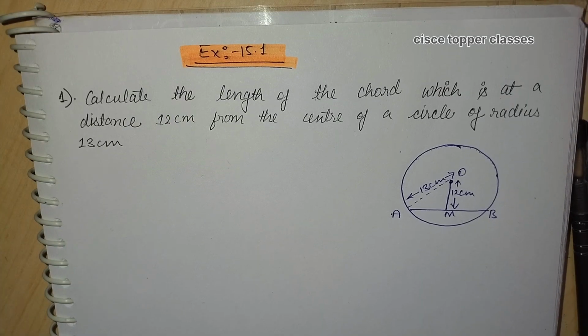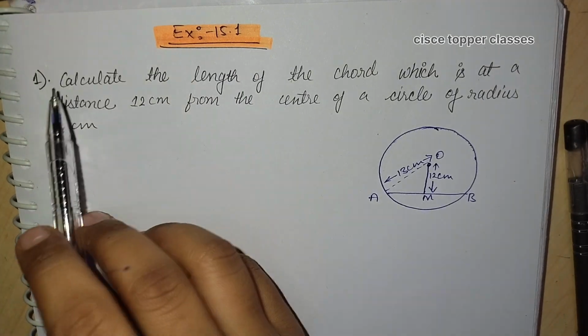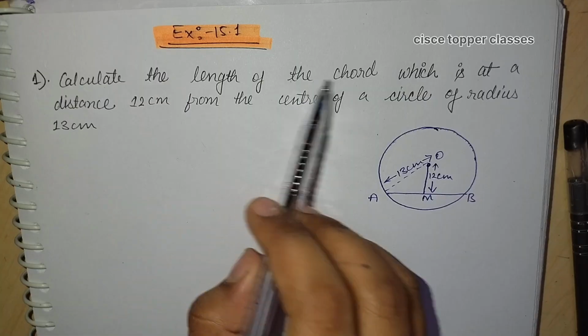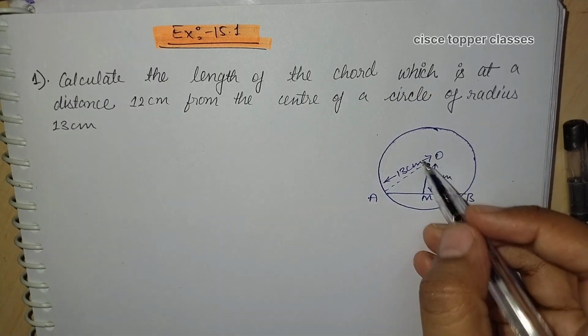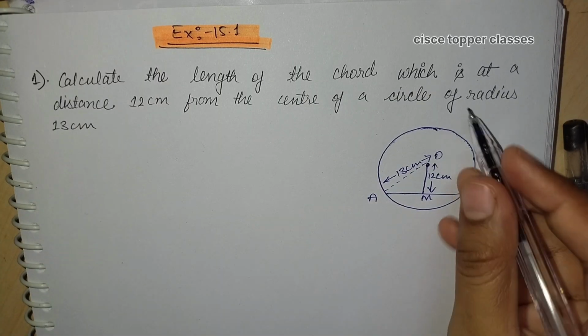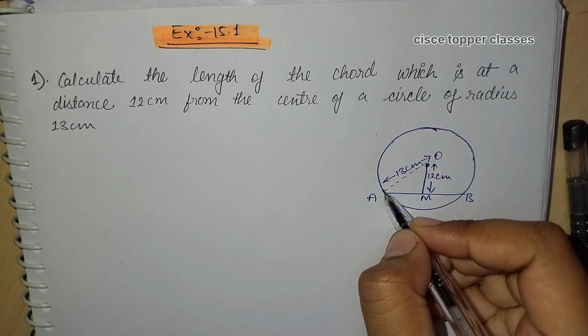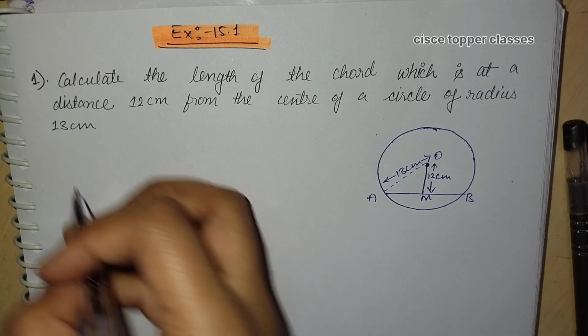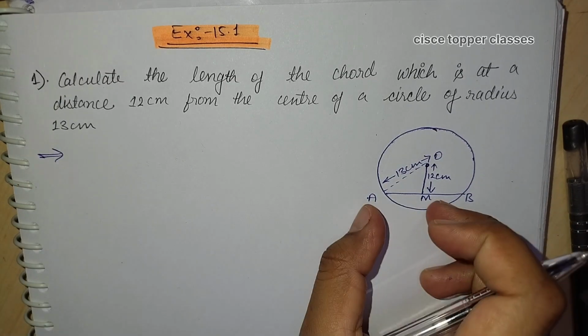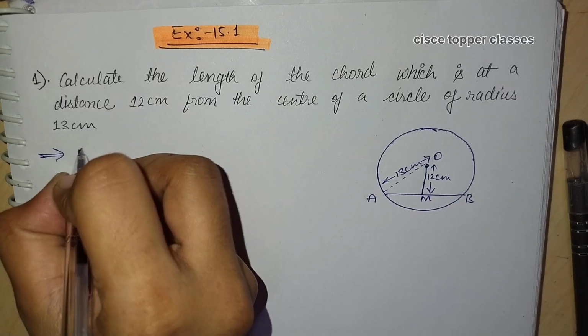Let us solve the first question of exercise 15.1. Here we have to calculate the length of the chord which is at a distance of 12 cm from the center of a circle of radius 13 cm. Means the radius of the circle is 13 cm. We first have to find the value of AM by Pythagoras theorem.